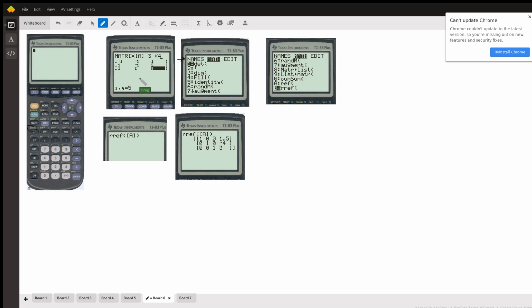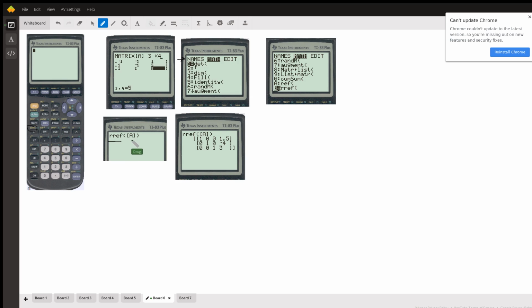Then I hit second matrix again. And this time I went to the math column and scrolled down to this row B where it says RREF. I hit the enter key, and I've got RREF displayed here.